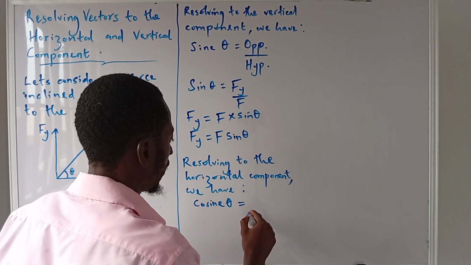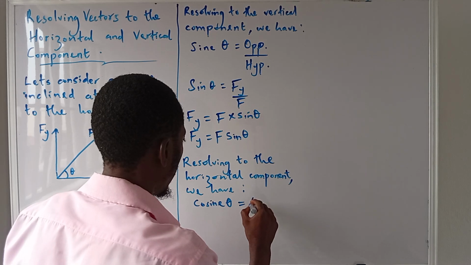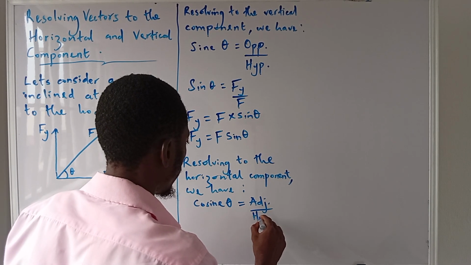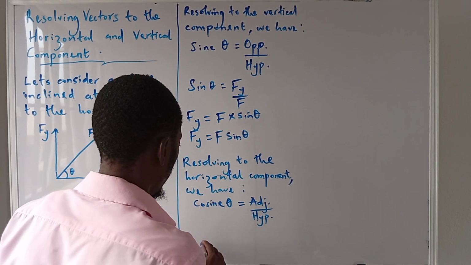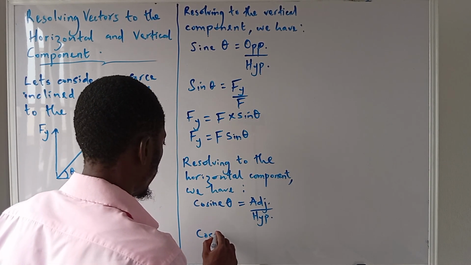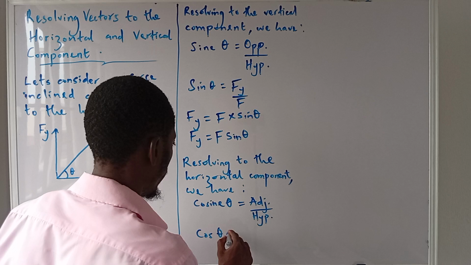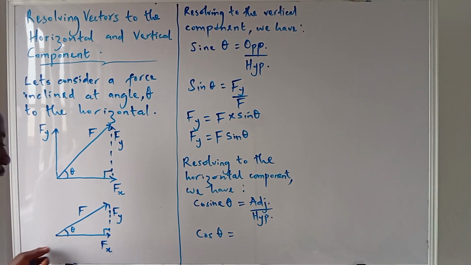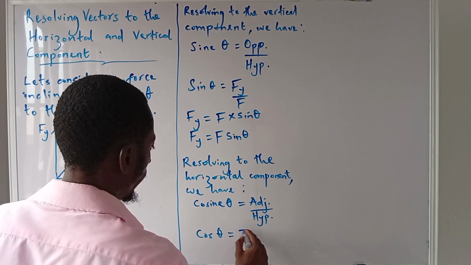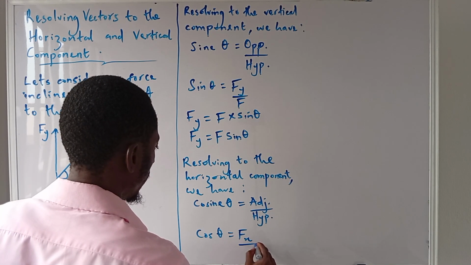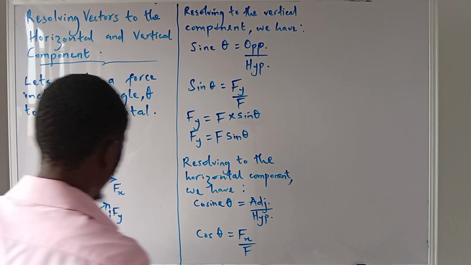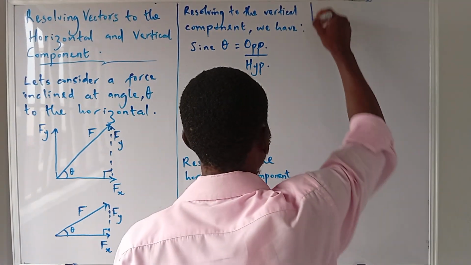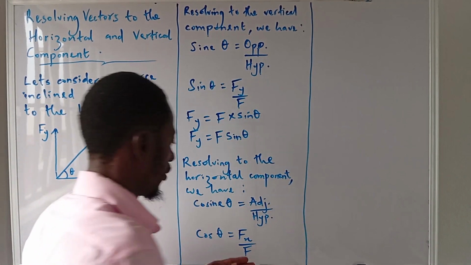Cosine theta is equal to adjacent divided by hypotenuse. Therefore, cos theta is equal to adjacent, which is Fx, what we want to calculate, divided by the force F. Then the next thing to do here is to cross multiply.